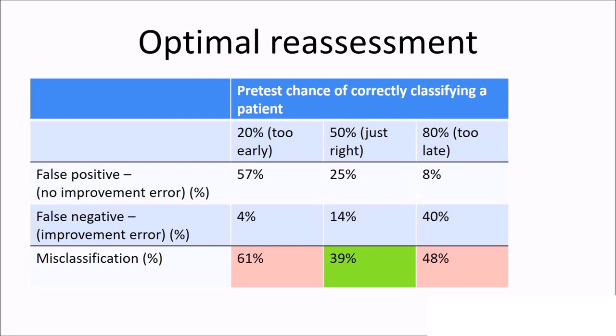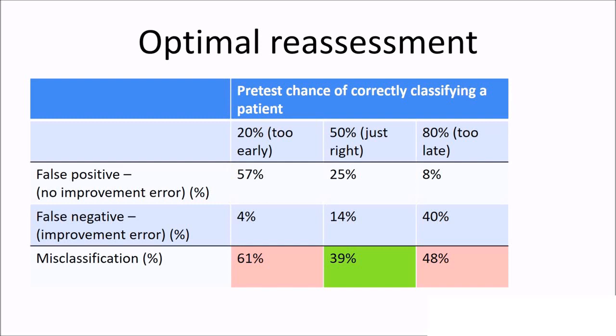As you can see in the middle column, when we optimally assess the patient, that is, at just the right moment in time, the amount of false positive as well as false negative diagnostic inaccuracies is constrained so that the total amount of misclassification stands at 39%.